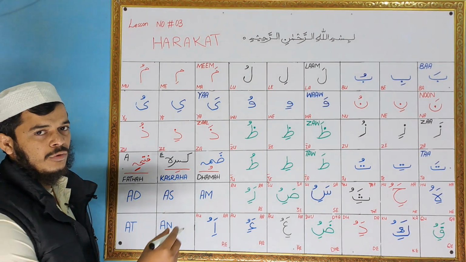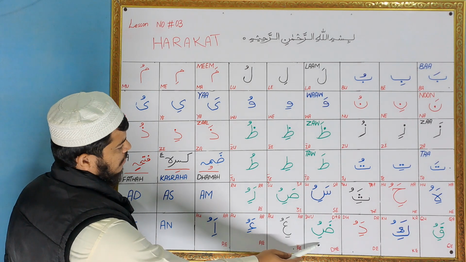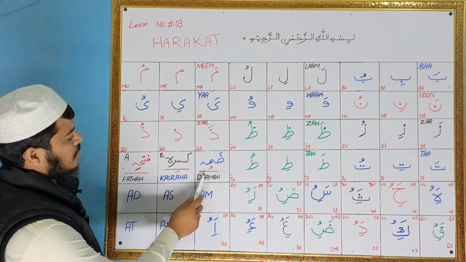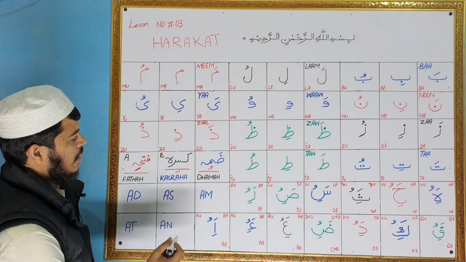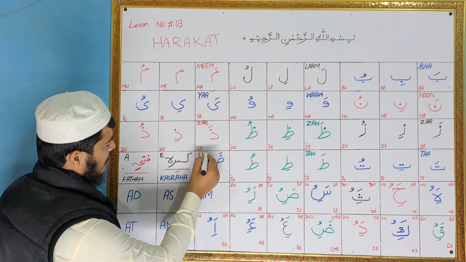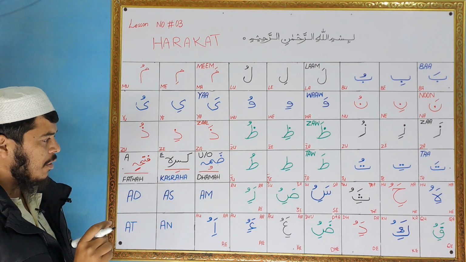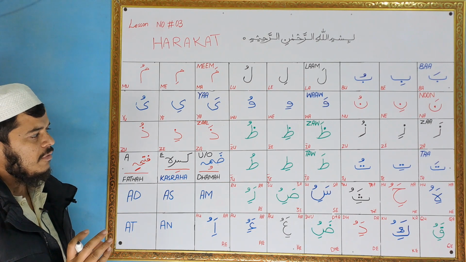And when the letter comes with dhamma, this is the sign of it, and it will give the u sound. Not exactly like u or exactly like o sound, but it will give the u sound.